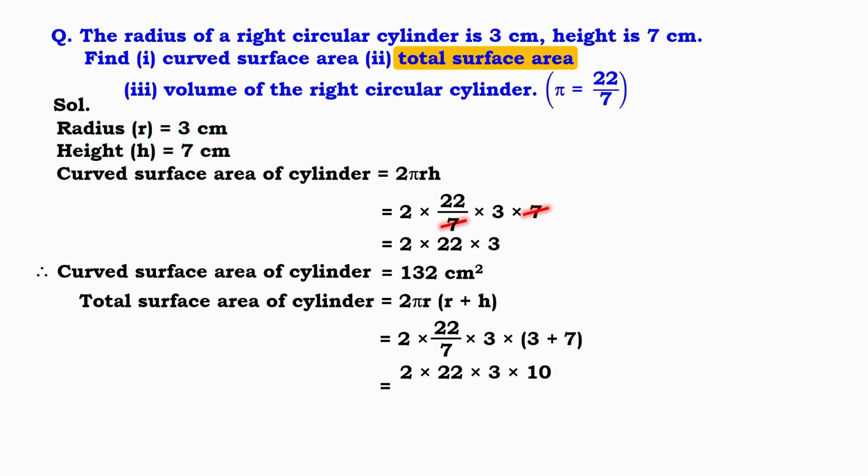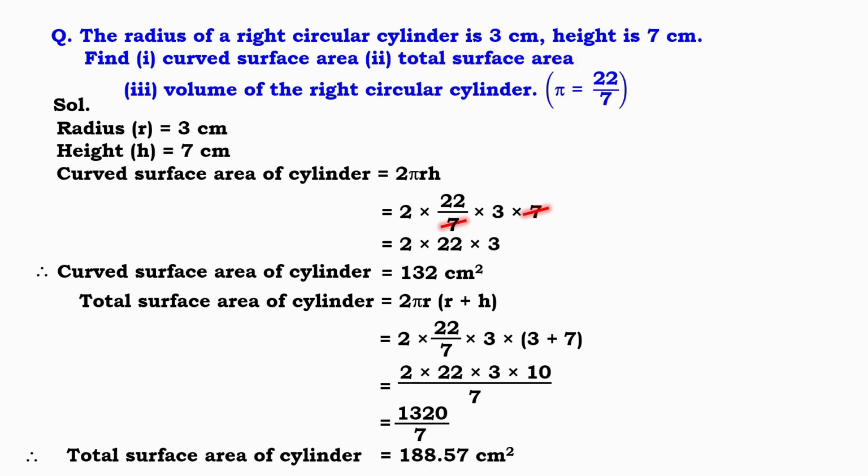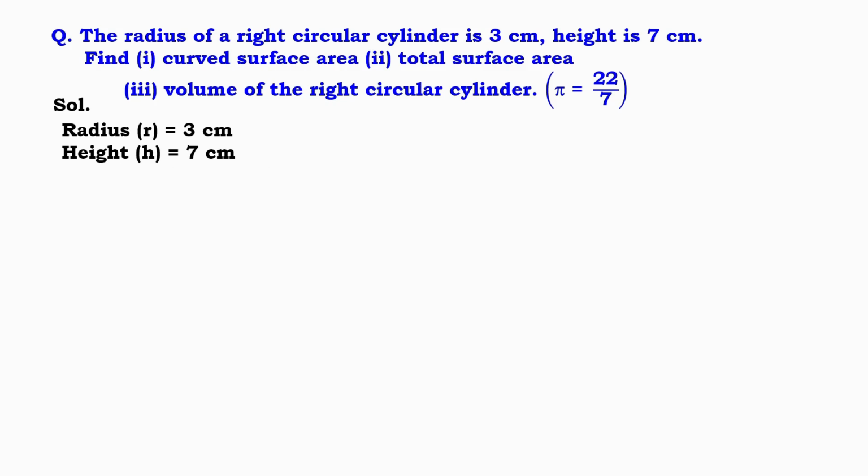So 2 into 22 into 3 into 10 by 7. Now if we calculate, it is coming 1320 by 7. So the total surface area of the cylinder, if we take it in decimal, is coming approximately 188.57 centimeters square.